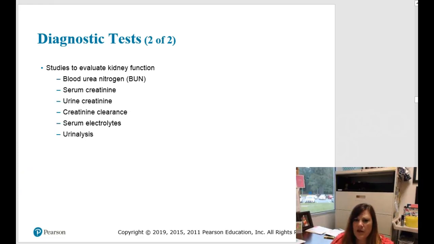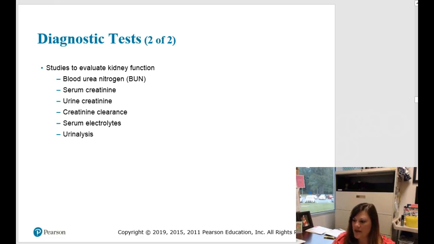Some other tests that we might do: a BUN, and just in case you don't know, I kind of already said this about the nitrogen waste, but the BUN measures urea nitrogen, which is the end product of protein metabolism, and that's caused by the breakdown and metabolism of dietary and body proteins.